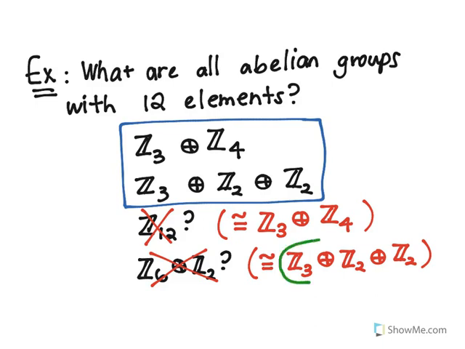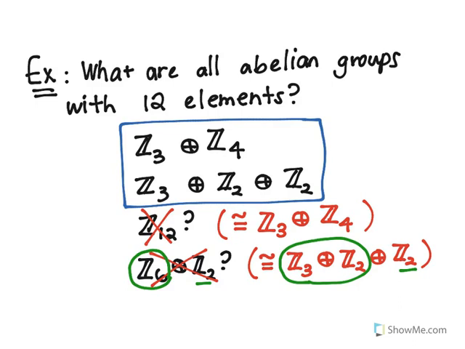Well, because if I look here just at these first two factors, Z3 and Z2, 3 and 2 are relatively prime, and so those two together are isomorphic to Z6, and the Z2 at the end kind of comes along for the ride. So we see that Z6 plus Z2 is isomorphic to something on my list, and that's why I don't need to add it to the list.